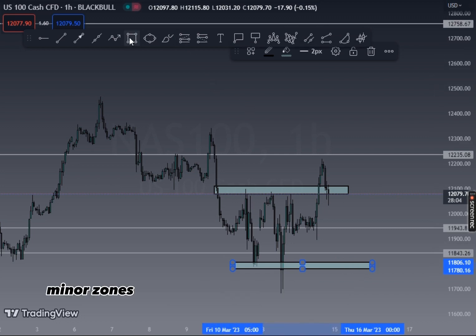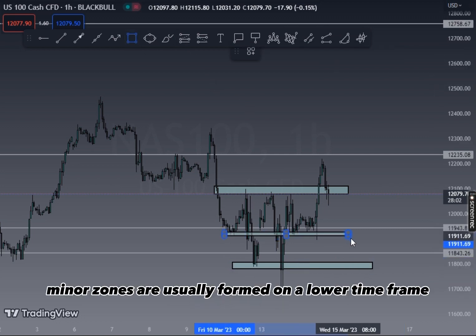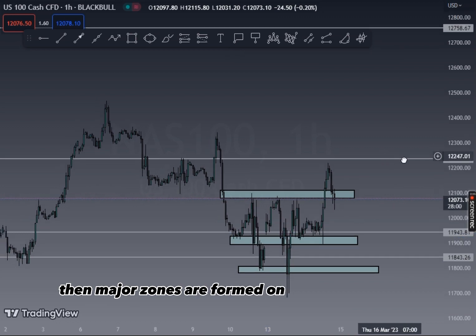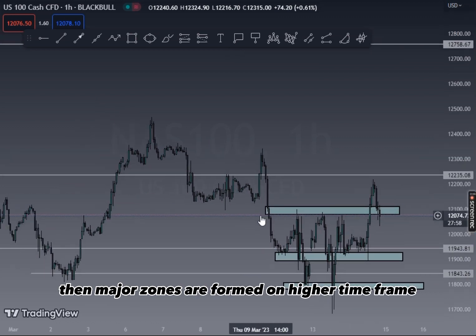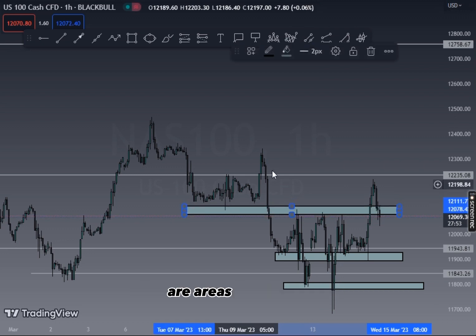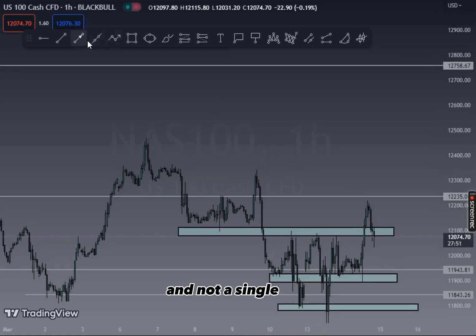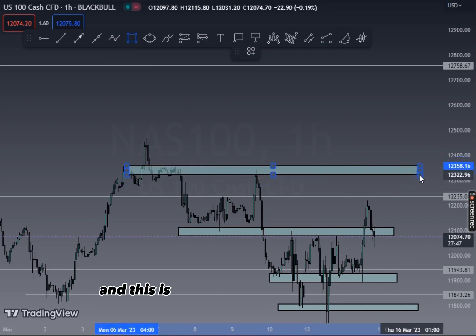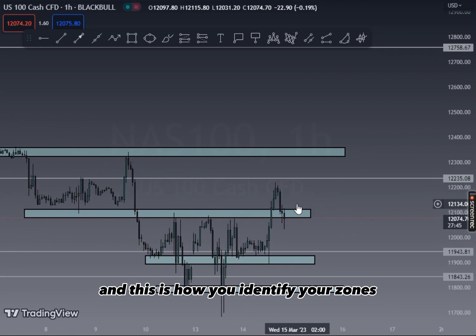Minor zones are usually formed on a lower time frame, then major zones are formed on a higher time frame. Always remember these areas are areas of interest and not a single line. And this is how you identify your zones.